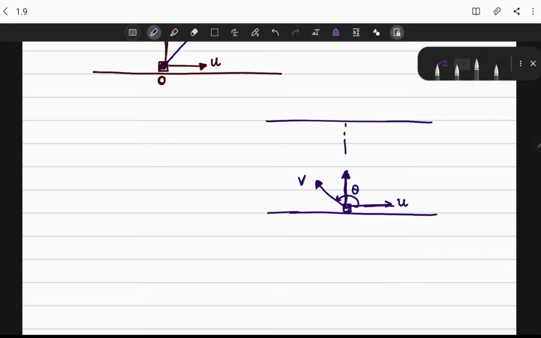If we want to move along this direction, there should be a certain velocity of the boat with respect to the flow, the velocity of the flow, and this angle theta. But this is not always possible.